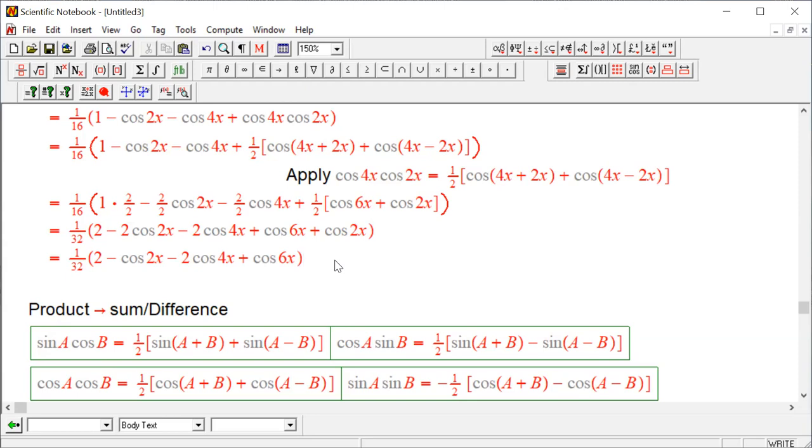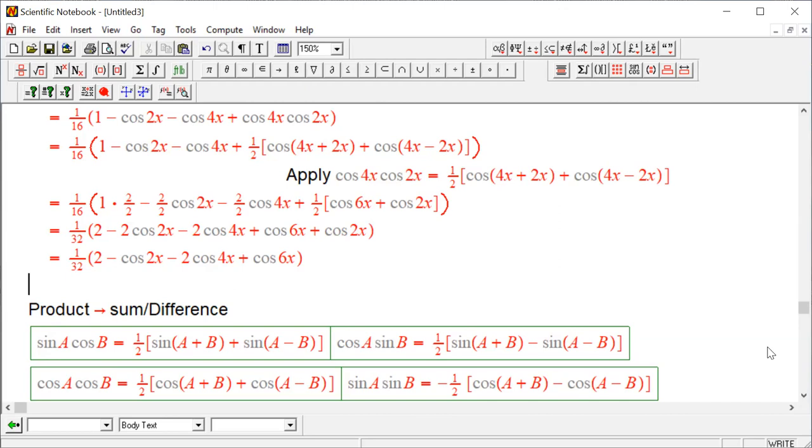Okay. So here goes the first question on the homework, how to do it. And the application, you will actually use it in Calc 2, in integration.